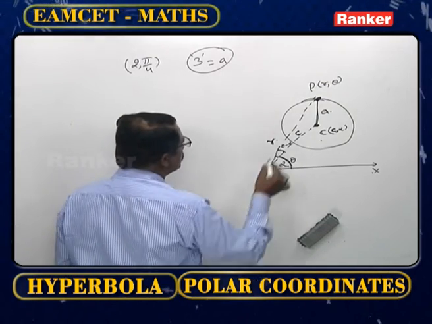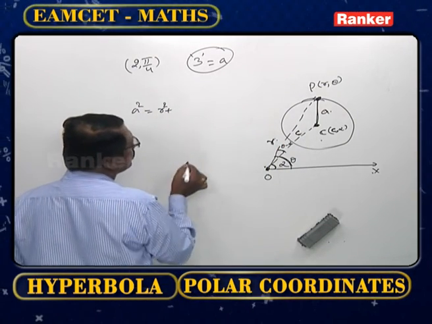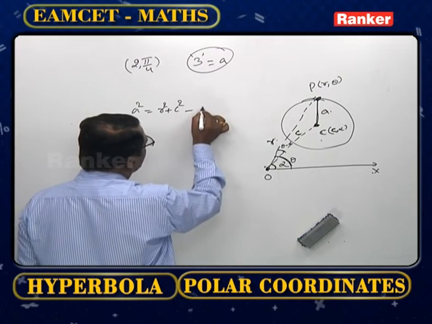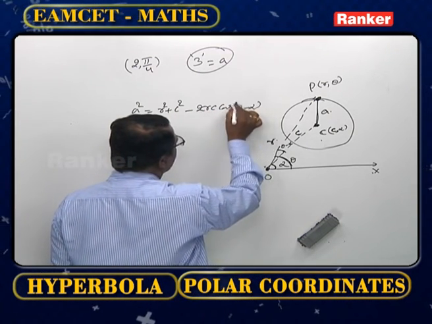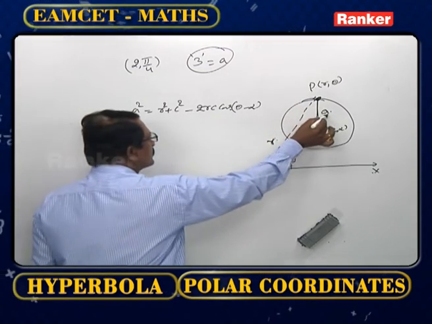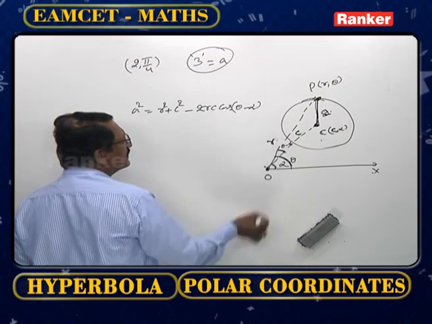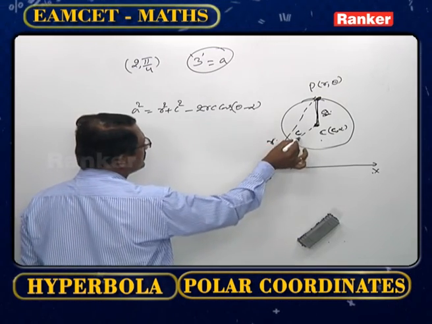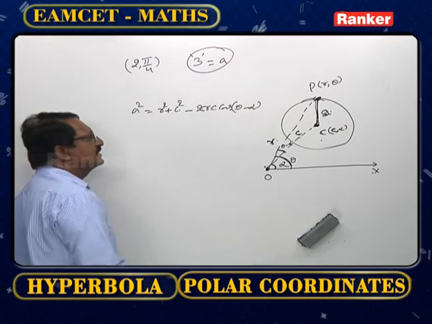From the cosine rule, a square equals r square plus c square minus 2rc cos of theta minus alpha. That is, the square of the side opposite the angle theta minus alpha equals the sum of squares of the adjacent sides minus 2 into the product of the two sides into cos of that angle.